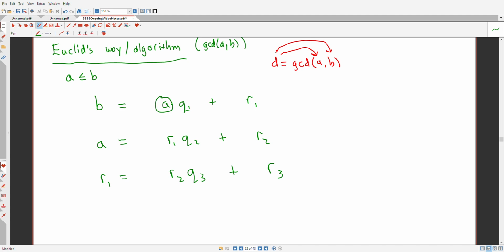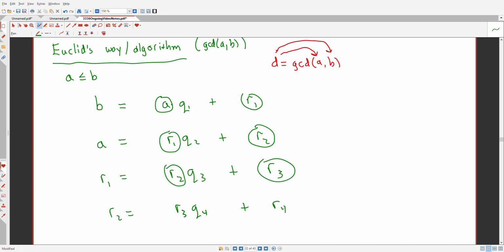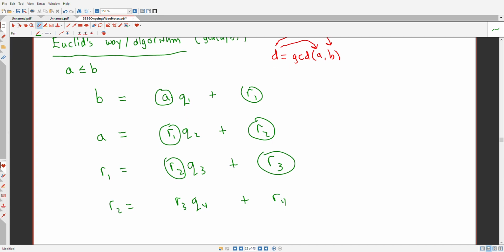I take a and divide it by this first remainder. Now I take this r1 and divide it by the second remainder. Now I take this second remainder and divide it by this third remainder. So I'm going to get that the second remainder is this third remainder times a fourth quotient plus a fourth remainder. And here's the idea.